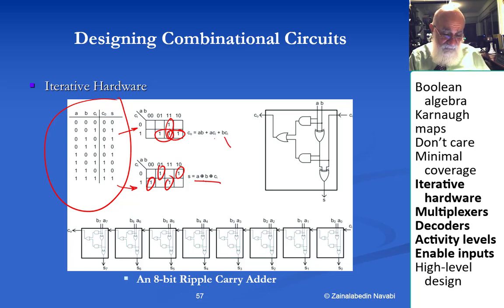Implementing my carry out and my sum, this is what the hardware becomes. Okay, this is slightly different from the way I'm showing the expressions, but it's functionally the same. Actually, I could do it this way.